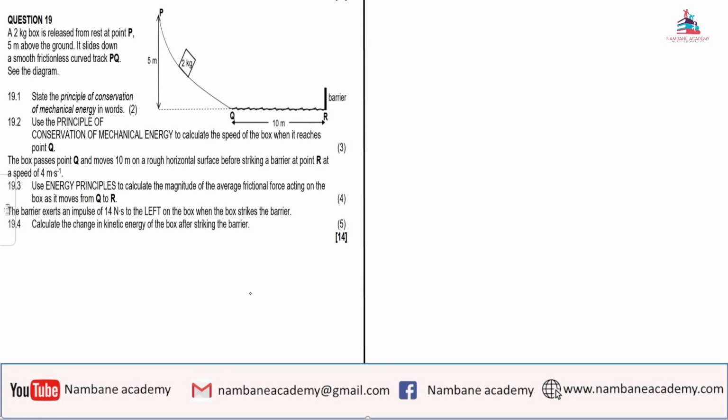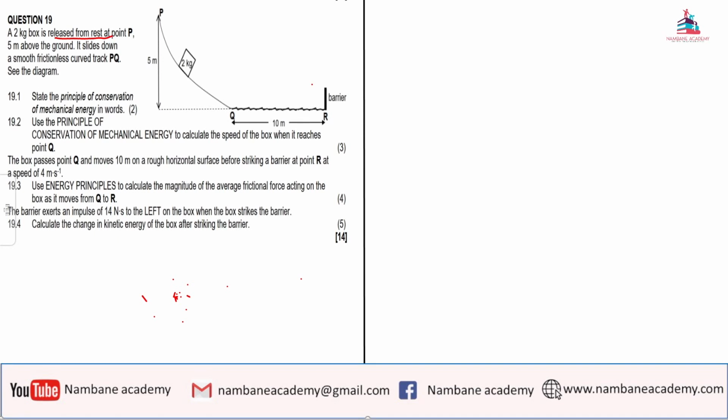That information is very, very important. It's released from rest at point P. So we know that V initial at point P is 0, 5 meters above the ground. It slides on a smooth frictionless curve PQ as in the diagram given.